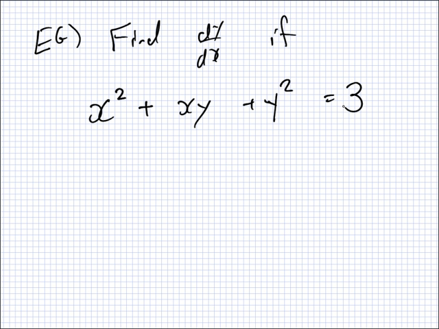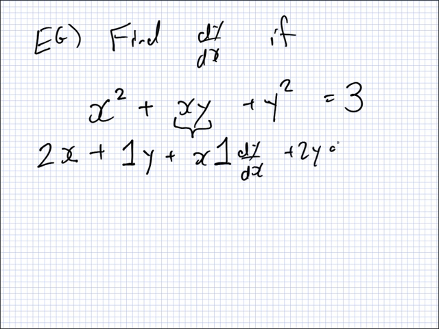Yeah. So what? Did you get it? Yeah, that's the last one. So this is 2x. Now here you need the product rule. So it's 1y plus x times 1 dy/dx plus 2y dy/dx equals 0.